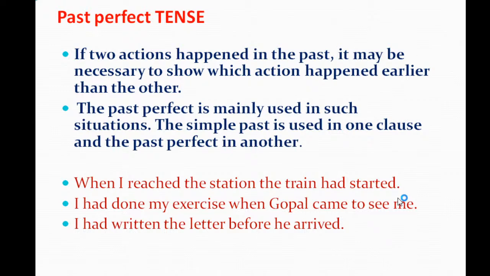I had done my exercise when Gopal came to see me. So Gopal came to see me is a newer event and I had done my exercise was an older event because मेरा exercise करना खत्म हो चुका था, गोपाल बाद में आया. So जो बाद में आ रहा है वो हमेशा simple past से denote करो और जो पहले हो चुका है उसको आप past perfect tense में denote करो. या तो past perfect और in case of continuous tense जब हम लोग ने पढ़े थे past continuous.